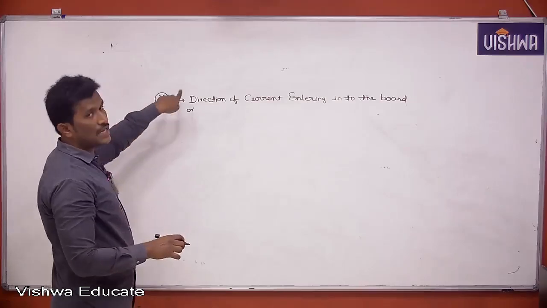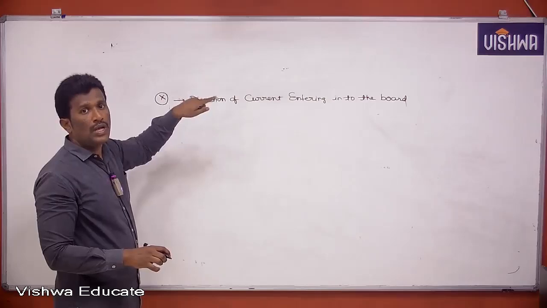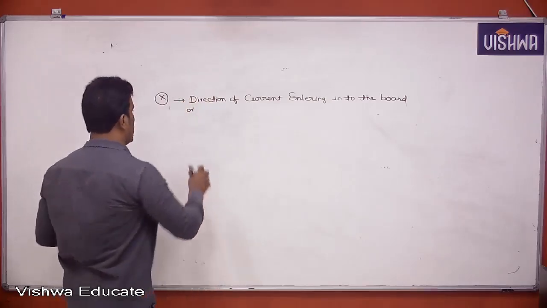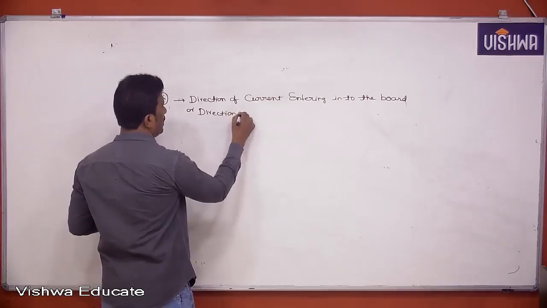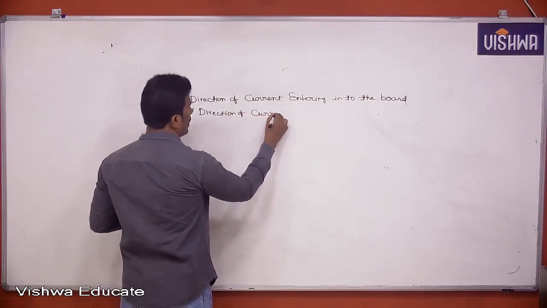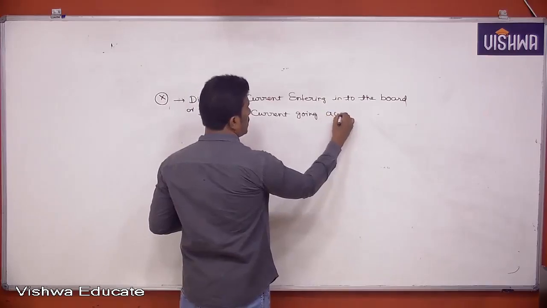So cross means direction of current entering into the board, or direction of current going away from the observer.